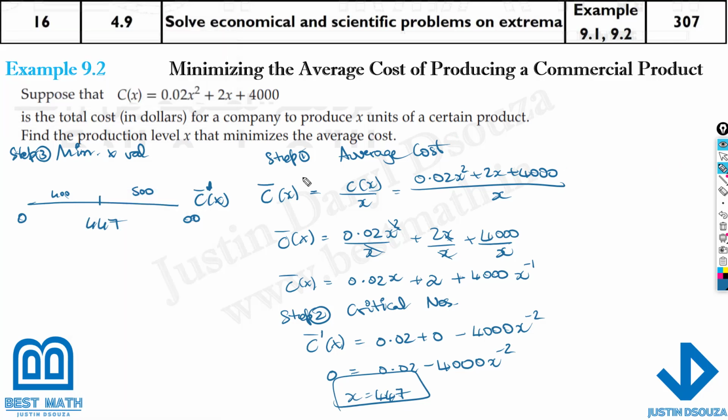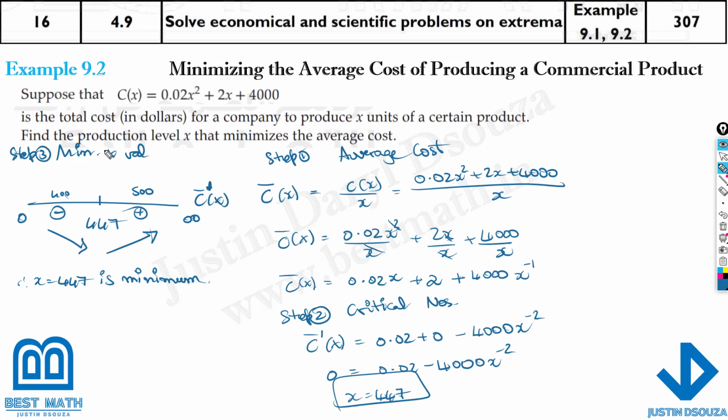So this means here we have minus, here we have plus, isn't it? So it's going down and going up. Therefore, x equal to 447 is the minimum value.